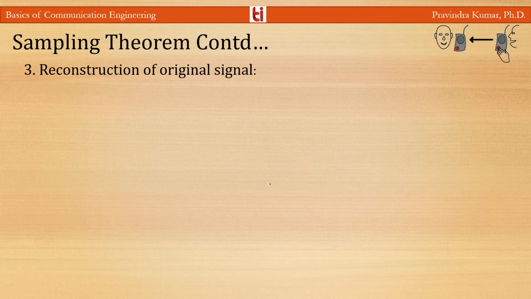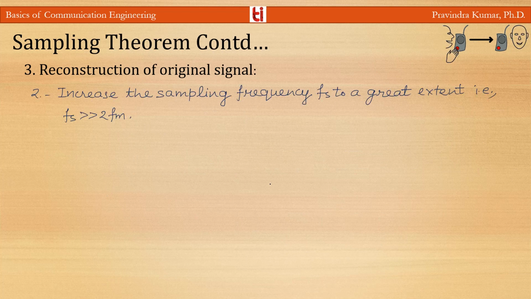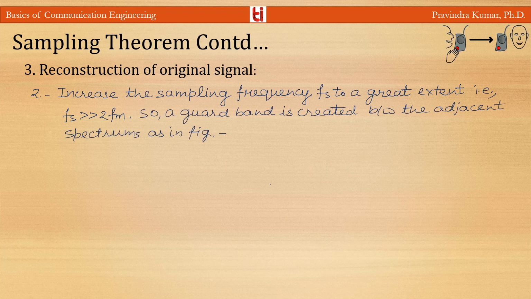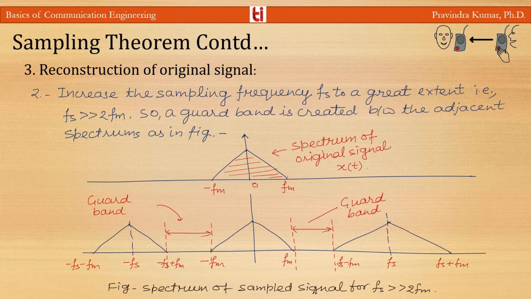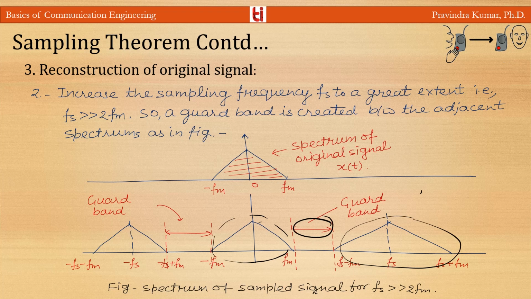Second point: to eliminate aliasing, increase the sampling frequency fs to a great extent, meaning fs much greater than 2fm. Due to this, even though x(t) is not strictly band limited, the spectrum will not overlap. A guard band is created between the adjacent spectrums. If fs is much greater than 2fm, then there will be space between one spectrum and the next, and this guard band is created between the adjacent spectrums.